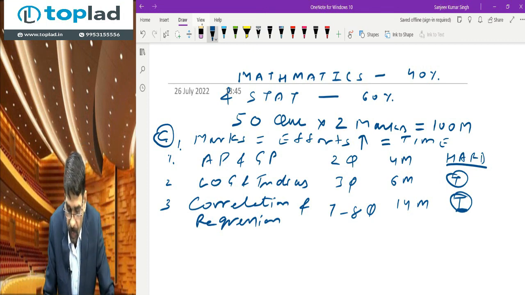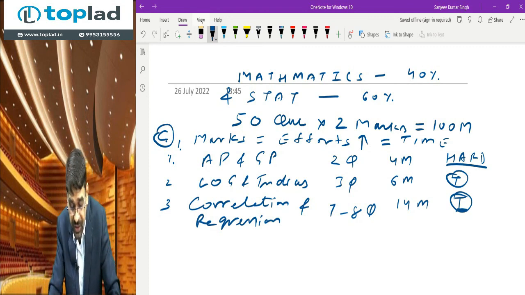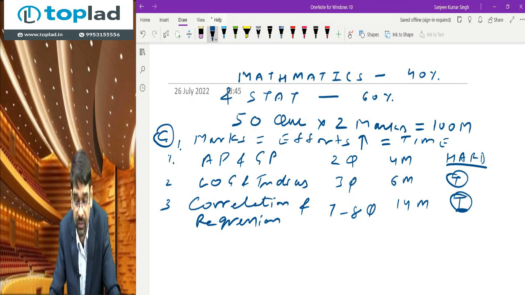So friends, we have discussed all the chapters with the allocation of marks for each chapter.